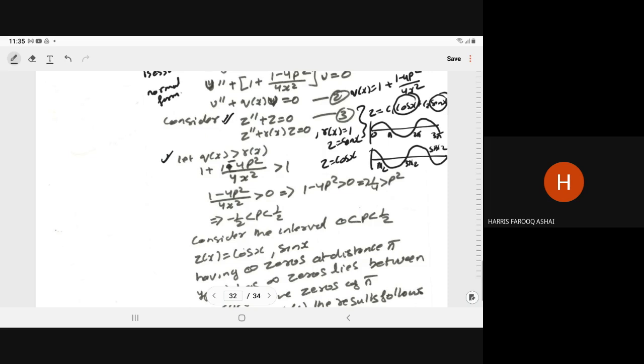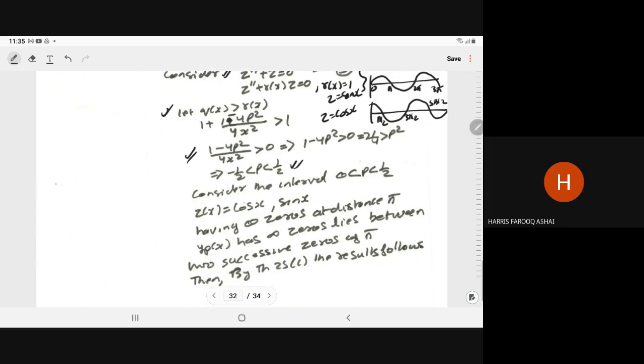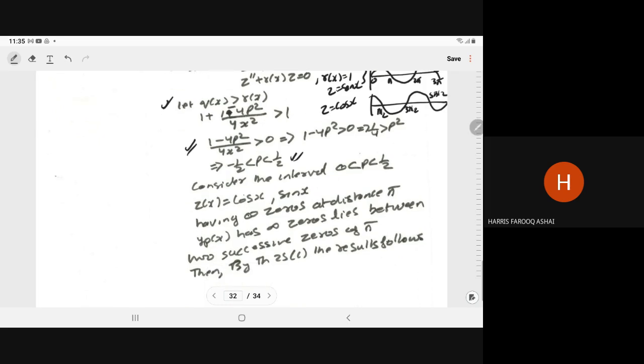This implies that (1 minus 4p squared) upon 4x squared is greater than 0, so 1 minus 4p squared is greater than 0. This implies that 1 by 4 is greater than p squared, or p lies between minus half and half. And I have told you p is always positive, so p is greater than 0 but less than half.